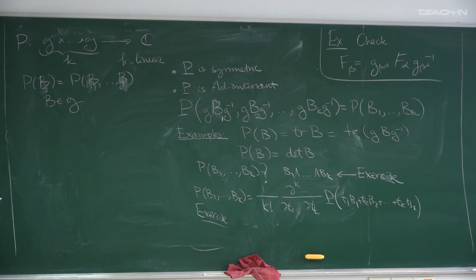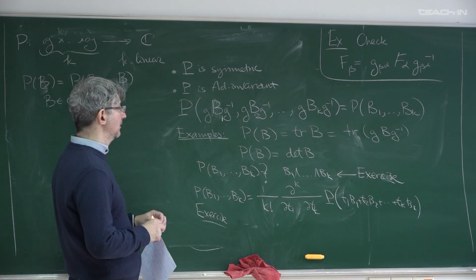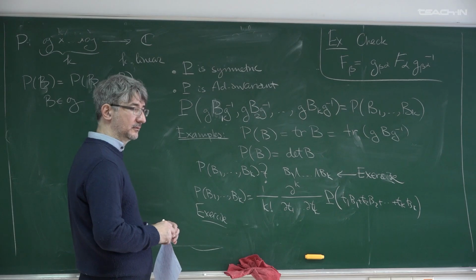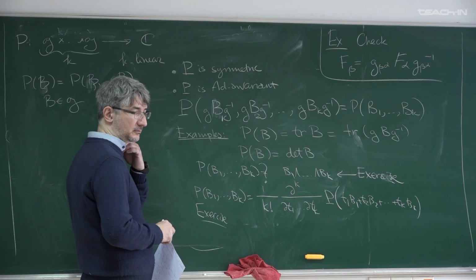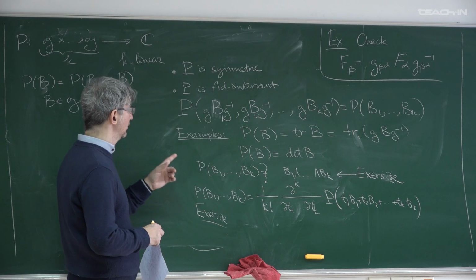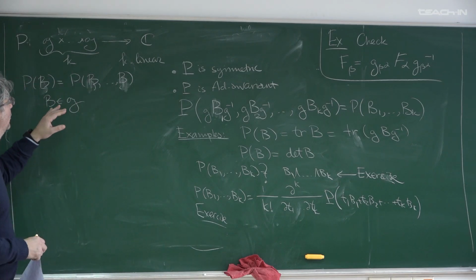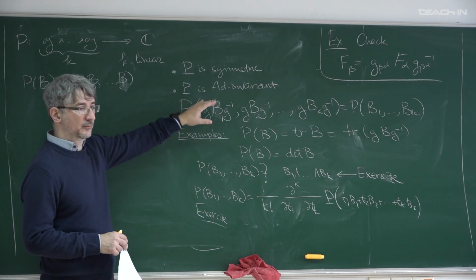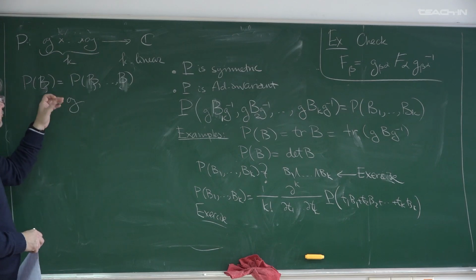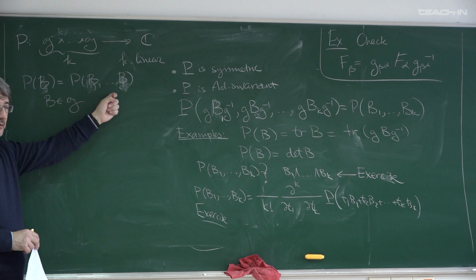So you mean this identity is true for all polynomials satisfying symmetry and invariance? Yes. So we will use symmetric and invariant polynomials, substituting inside one argument in each place.